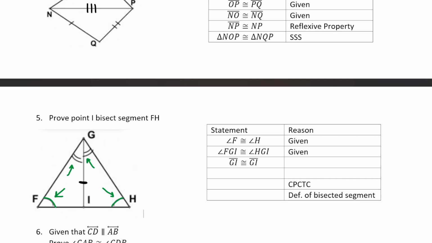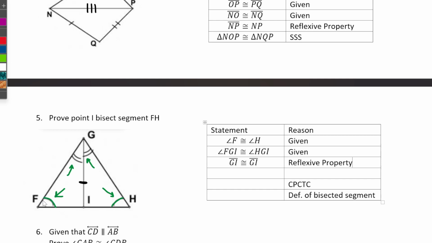Now again, this is not a given statement. This is called the reflexive property. All right, we have three things right here. We know this angle right here, this angle right here, and this segment right here. I have enough information to prove that both triangles are congruent.